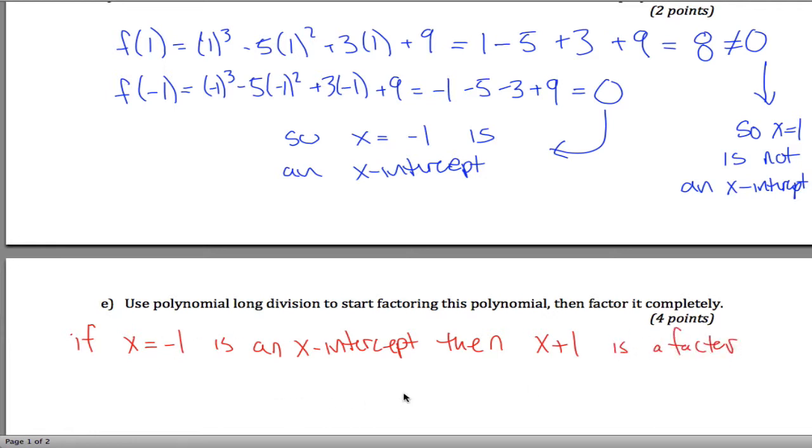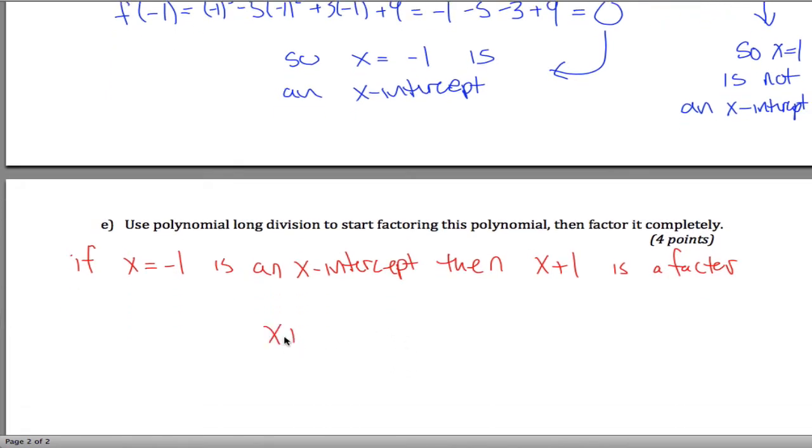So what I'm saying is when I do polynomial long division, and I do x plus 1 divided into my polynomial, which was x cubed minus 5x squared plus 3x plus 9, I believe. When I do this polynomial long division, I should get no remainder. It should divide evenly into there because x plus 1 is a factor of this polynomial.